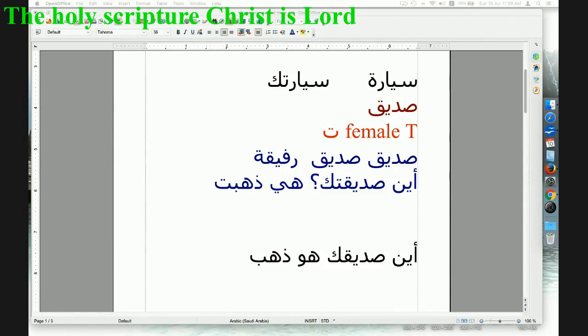But this class I'm going to focus on something similar to huwa and hiya, but it is for your own, you know. Already we took the letter ka as an example. We add ka to make it belong to you.